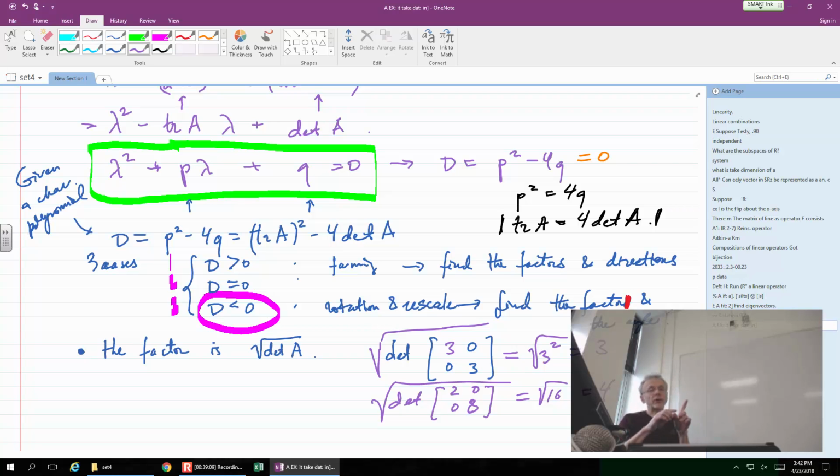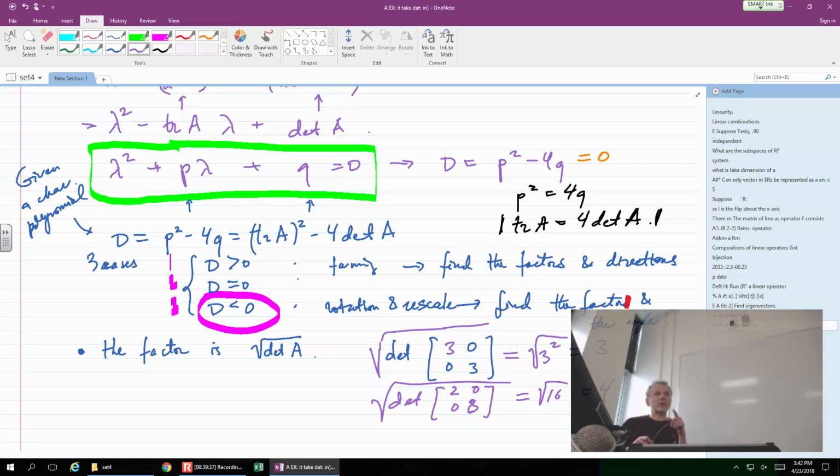If you stretch horizontally by a factor of 2, vertically by a factor of 8. Of course, one way to try to figure out what the average is to take the average literally, 2 plus 8, and it will be 5. But it turns out that's not the best way to do it. The best way is to look at what's happening to the areas, and the areas increase by the factor of 16.